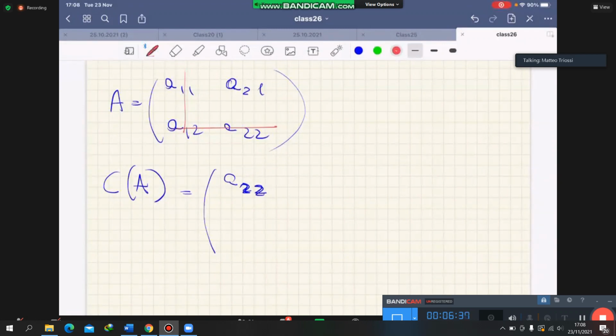Sorry, I just realized that I actually inverted the indexes. So be careful when you write the coefficients.